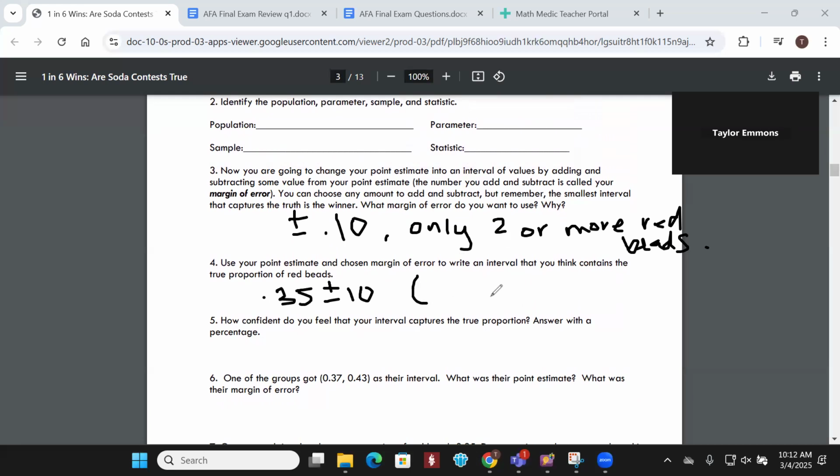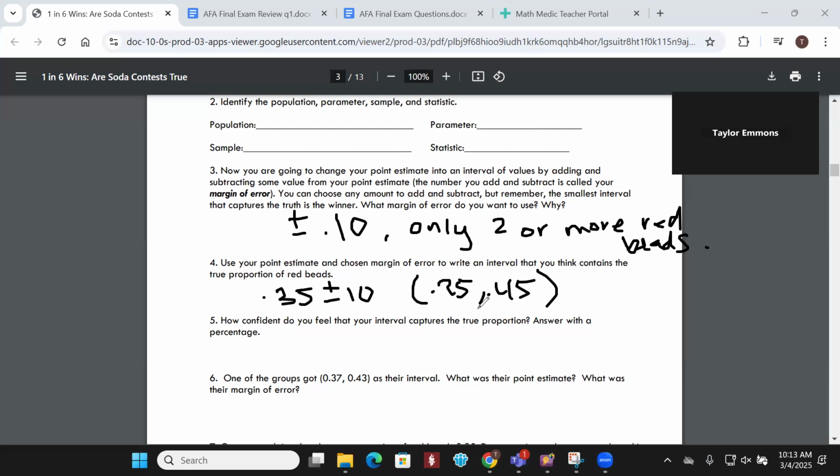0.45. And then what's 0.35 minus 0.1? 0.25. Okay, so here's the big thing. From 0.25 to 0.45, somewhere in there is my true proportion of the population.